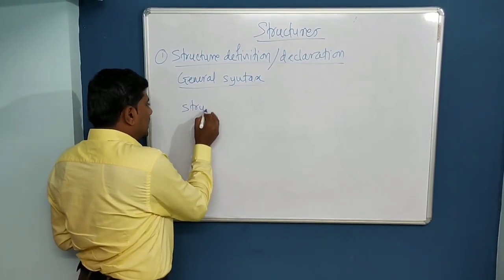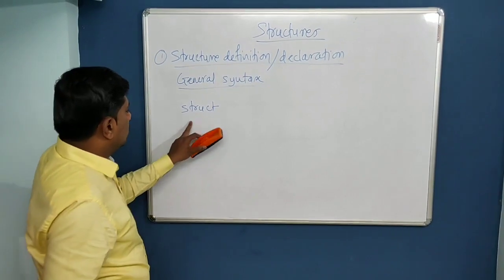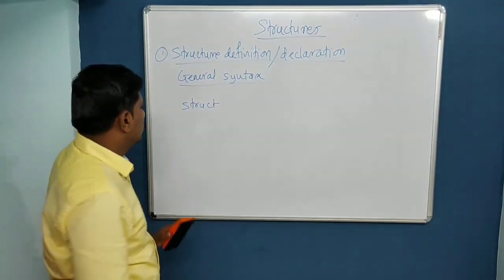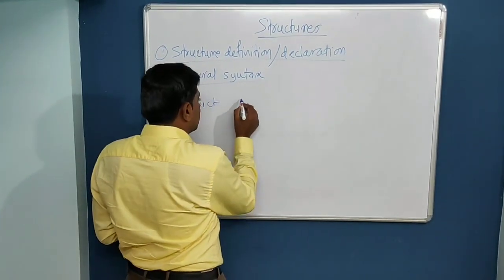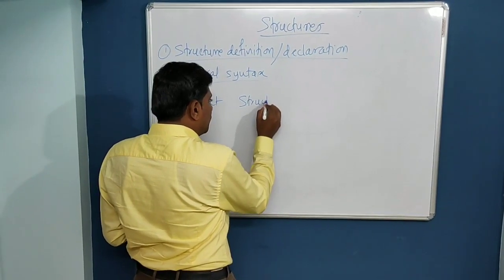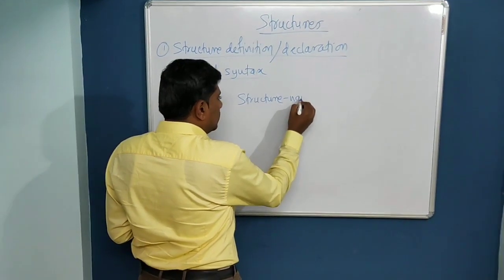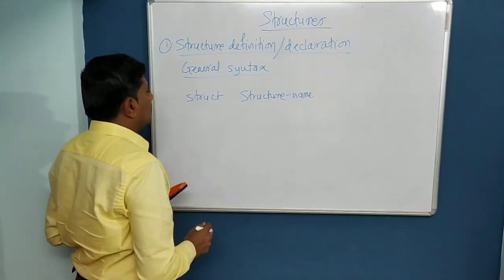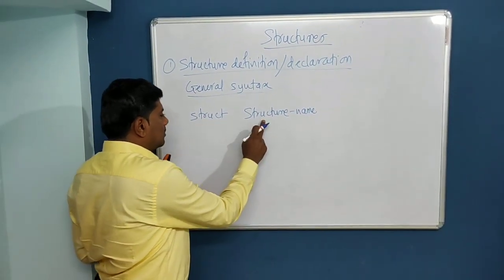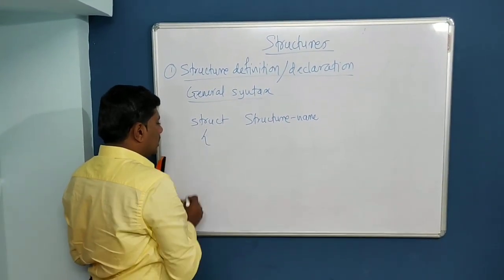What is the general syntax? First there is the struct keyword, then the structure name, then a starting curly brace.